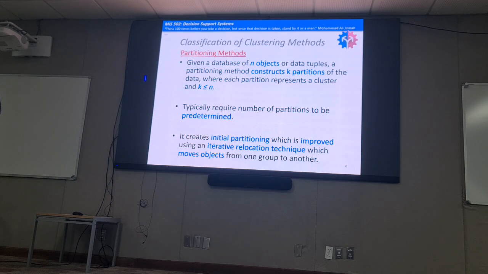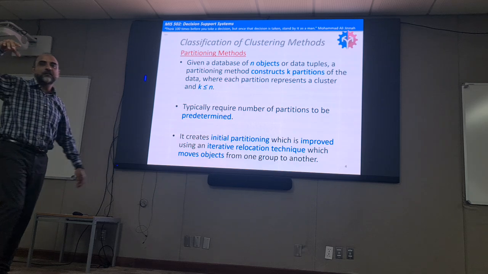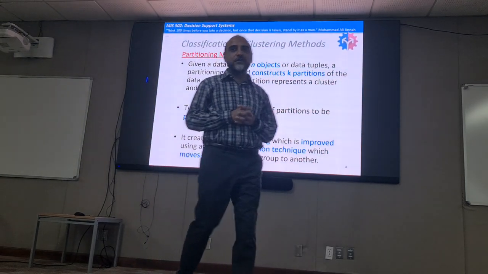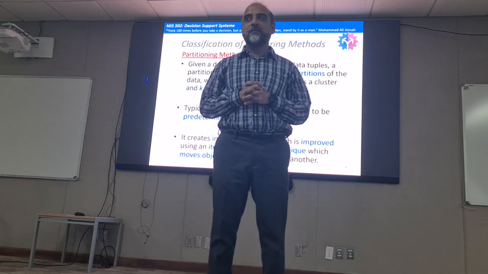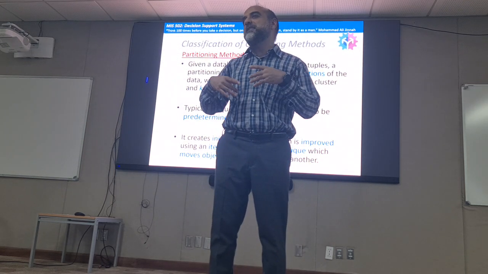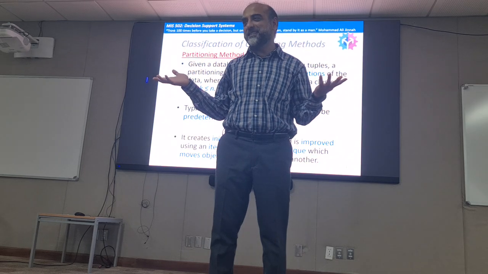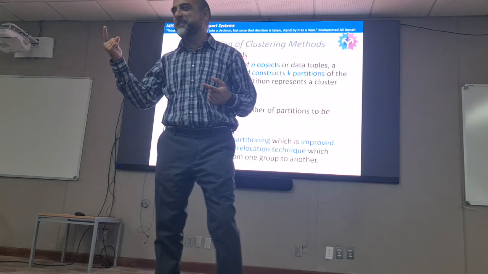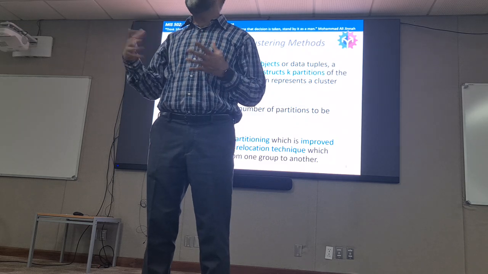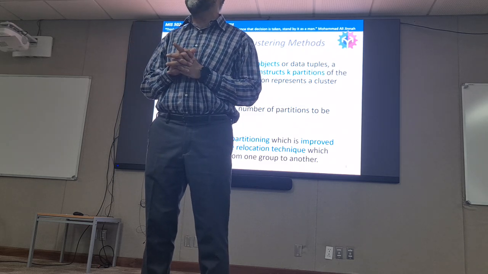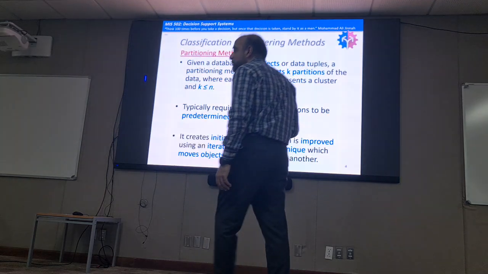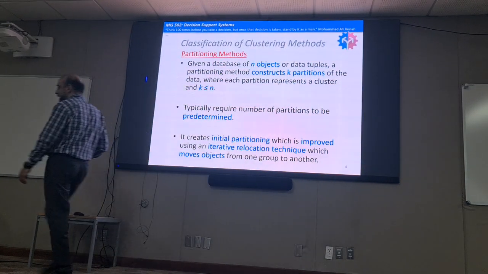If you have 10 people, maximum how many clusters can you create? 10 maximum. Imagine each one, you're calling them a cluster, a cluster with 1 member. Even though it doesn't mean anything, maximum how many partitions can you create out of 10 people? 10. So this is what it says. K cannot be more than n.